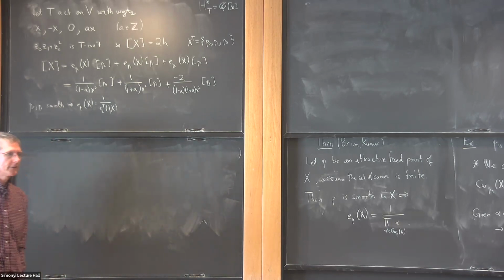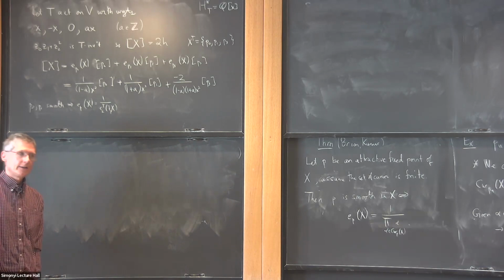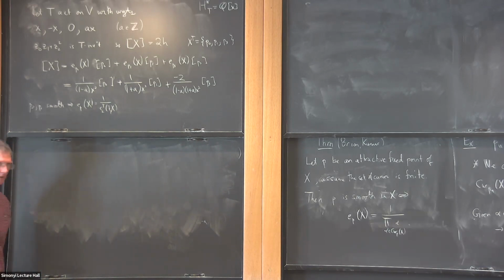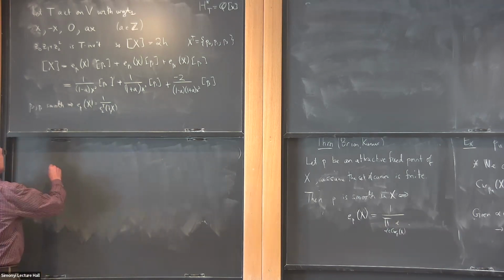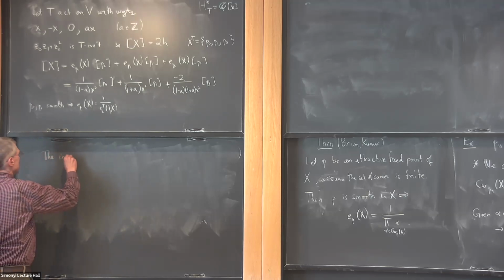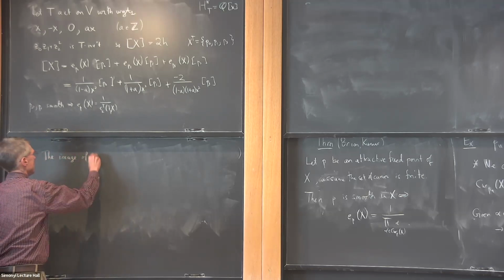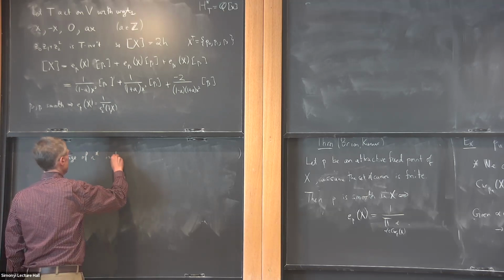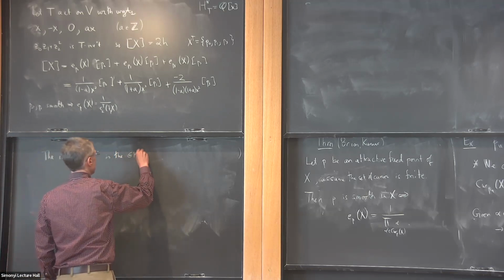But instead, I think I'll just close with describing briefly what the image of I star is in the GKM case, and then giving an application to the case of toric varieties, which many of you may be familiar with. So the image of I star in the GKM case.